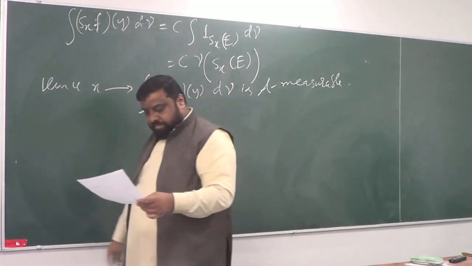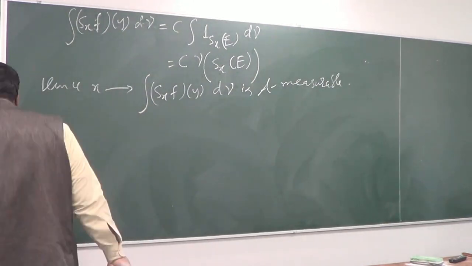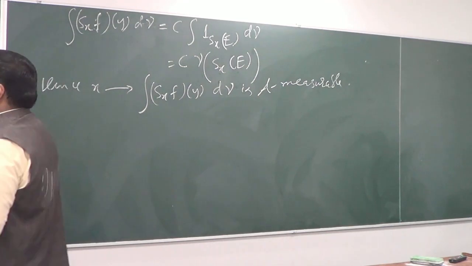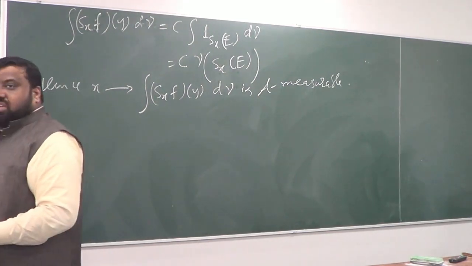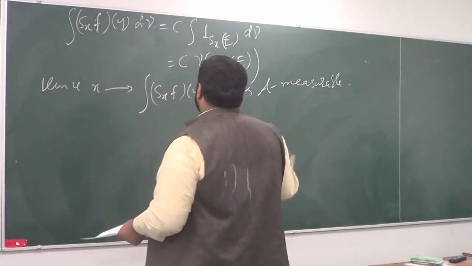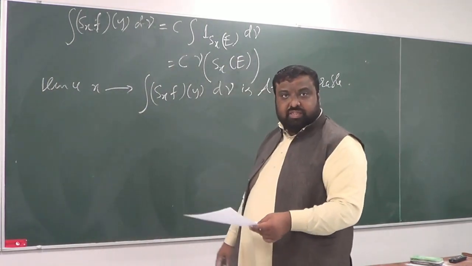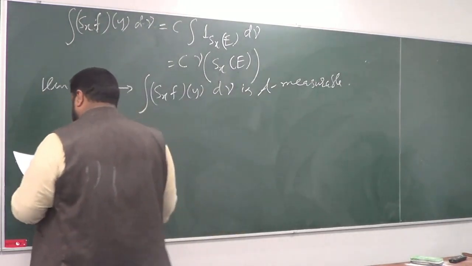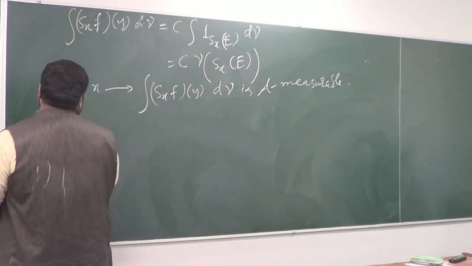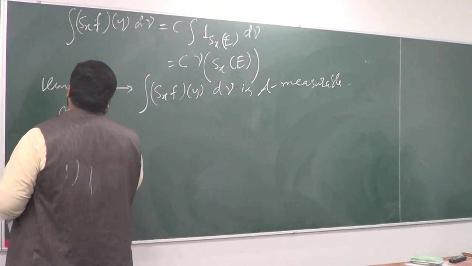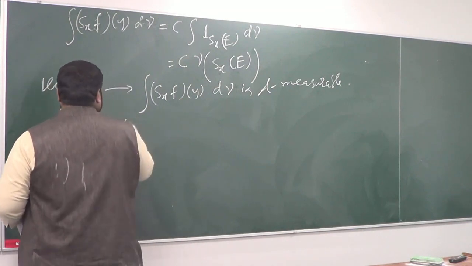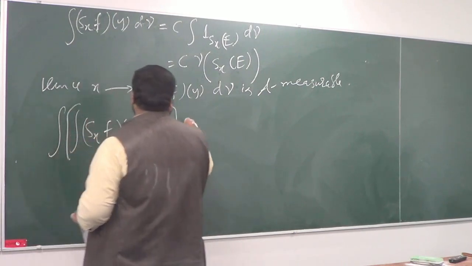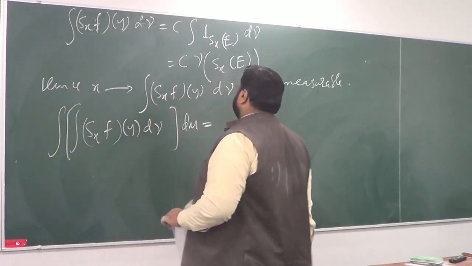Okay. So what is the next thing? The next thing is to just show the identity. So in order to show the identity, what do I need to do? Just integrate both sides. Okay. So when you integrate both sides, the integral of Sx f of y d mu, and you integrate it with respect to d mu.